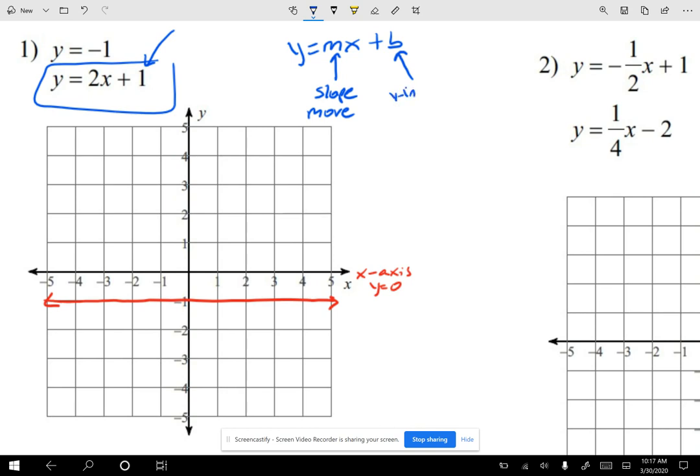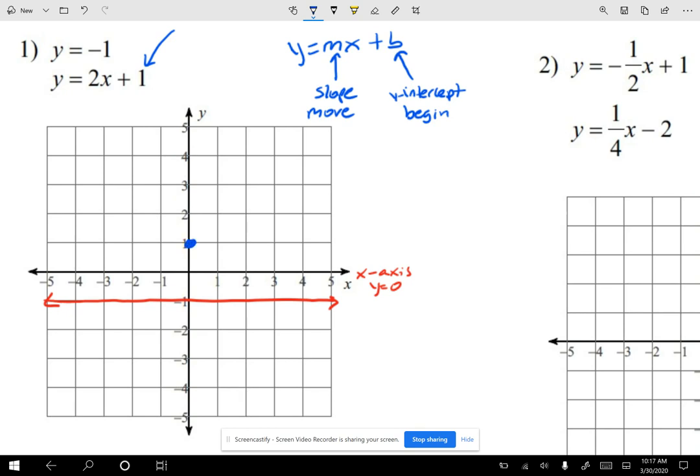In this case, your y-intercept. And that point, that's where you begin. Remember that from Algebra 1. So I'm going to begin at the y value of +1. So on the y-axis, I'm going to start at +1.